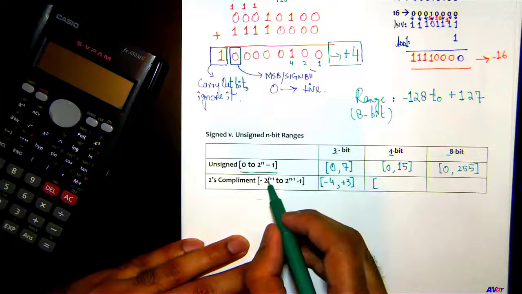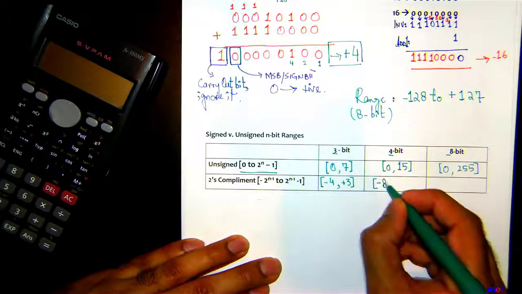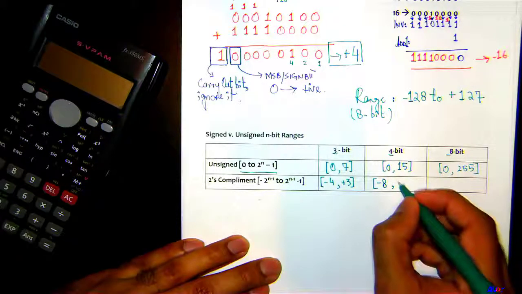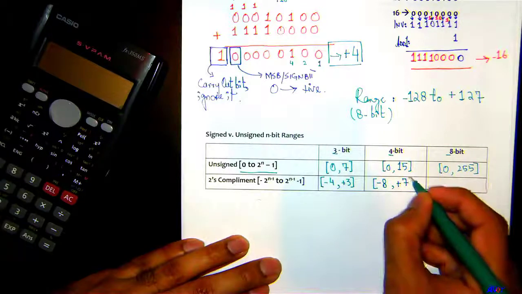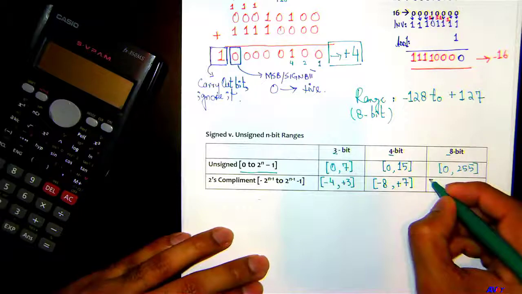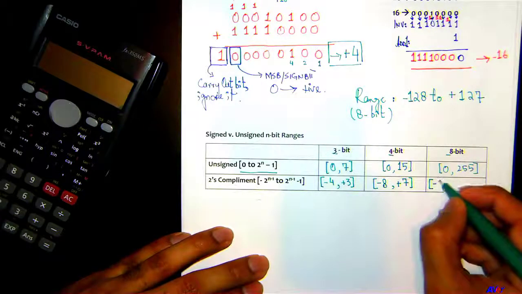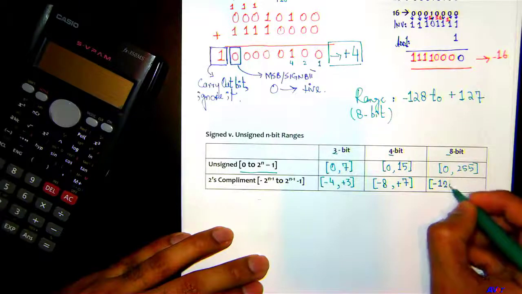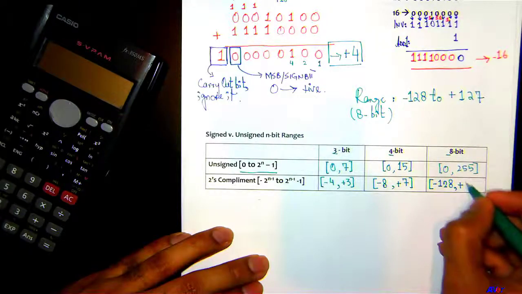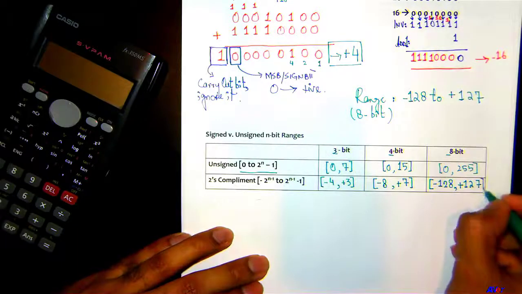For 4-bit, putting 4 here, this is going to be negative 8 to positive 7. Here, this is going to be negative 128 to positive 127. It's good to know these ranges.